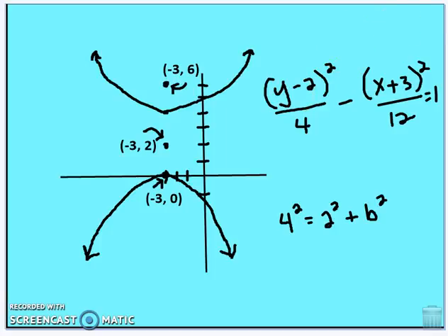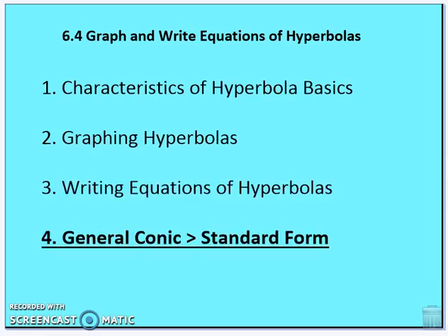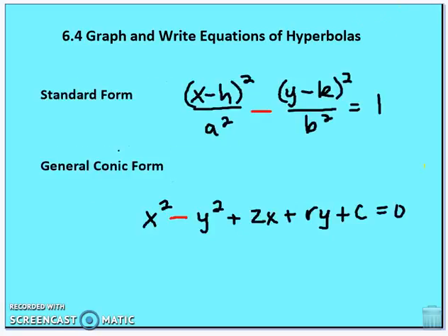Okay, last thing we want to do is take the general conic form and convert it to standard form by completing the square. So here's standard form again. Remember, the difference here is minus, and in general conic form the difference is a negative value. You can see pretty quickly that if this were a plus y squared, then it would be either an ellipse or a circle.